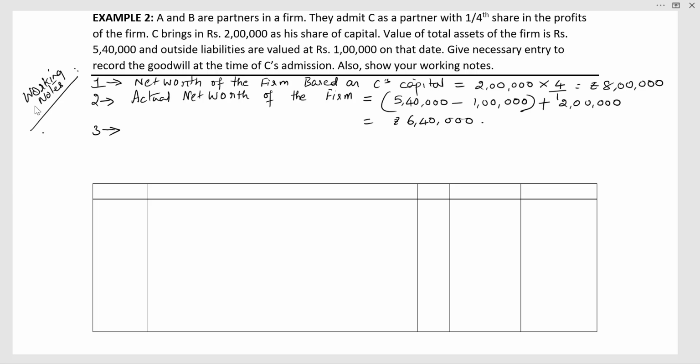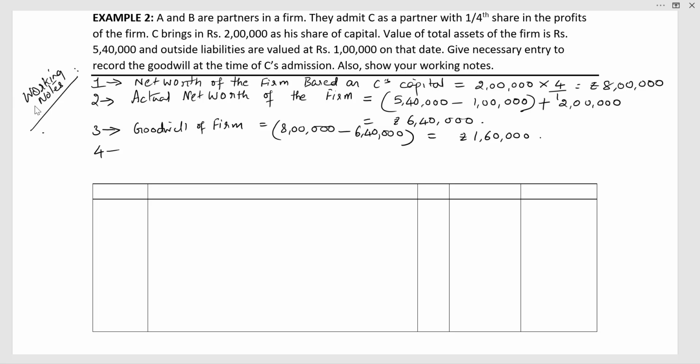Step 3, goodwill of firm. This is equal to the answer of step 1, which is rupees 8 lakh, minus the answer of step 2, which is rupees 6,40,000, equal to rupees 1,60,000.